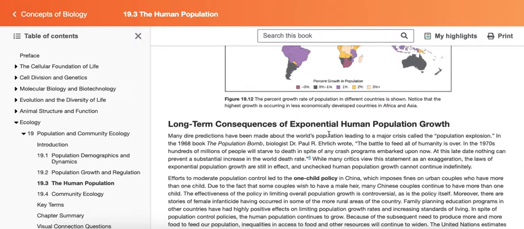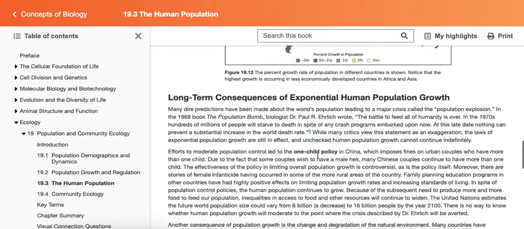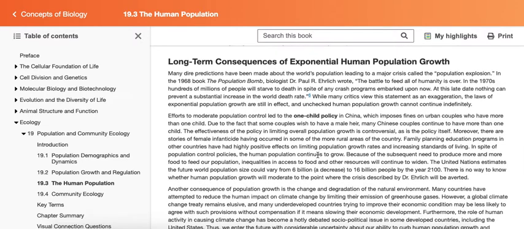So, what are the different consequences with this? Well, we already talked about one of the consequences of a declining population, that it does put more stress on the younger people to take care of a wide range of older people that are retired or aging and need a lot of care.